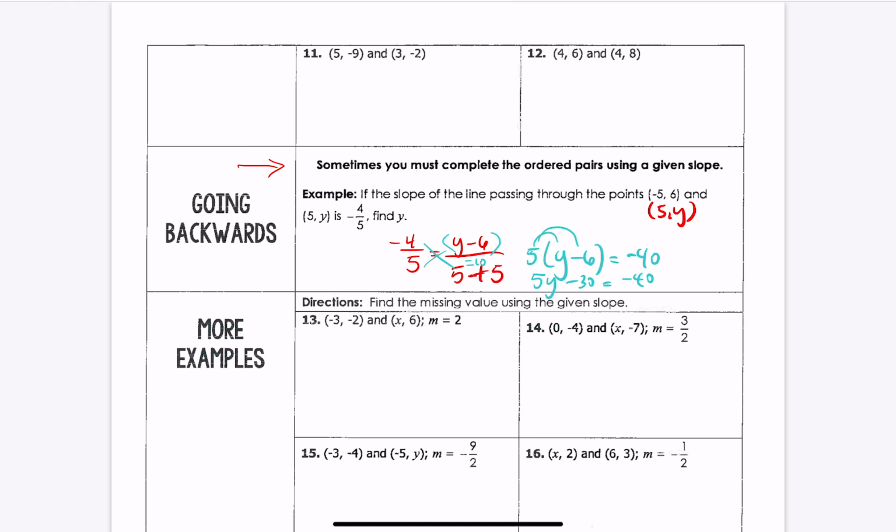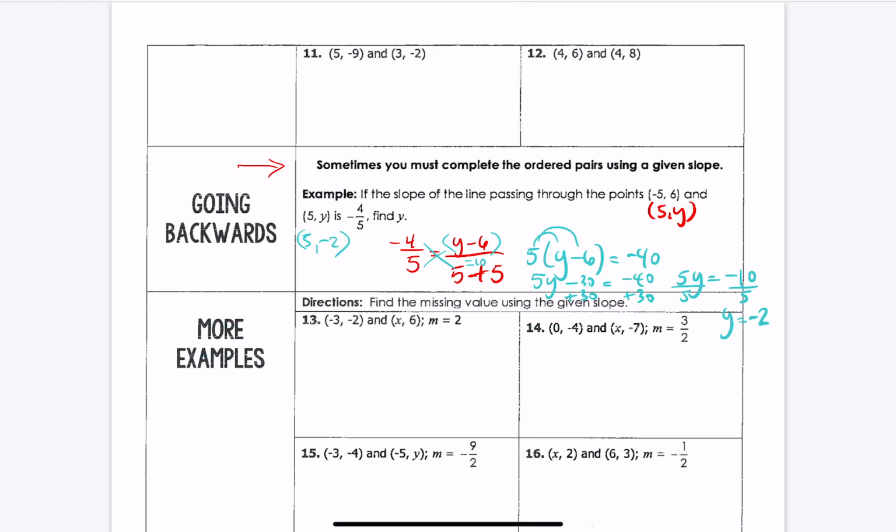I'm going to then add 30 to both sides, and I end up with 5y equals negative 10, because negative 40 plus 30 is negative 10. I divide both sides by 5, and I get y equals negative 2. So I solved for y. So the point would be 5, negative 2. That would make that slope negative 4 over 5.